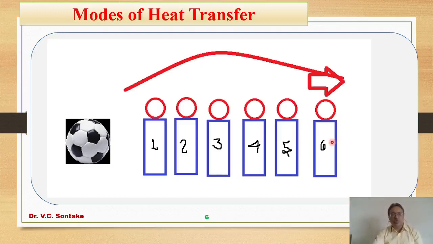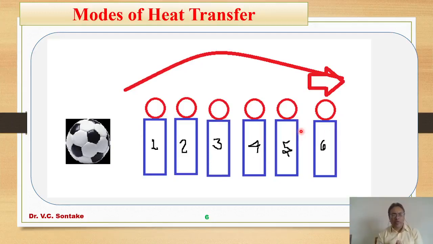This is mode 2. And the last mode is, instead of giving the football to any of the players, the football will be directly thrown to player 6. This is method 3. So in method 3, no player is required to transfer the football, or no molecule or medium is required.